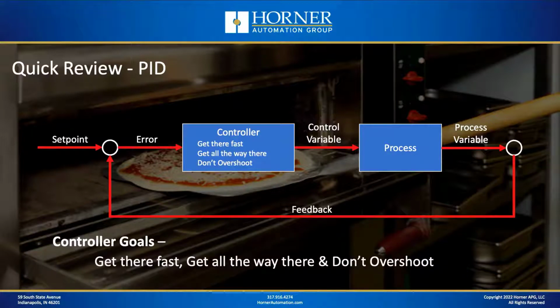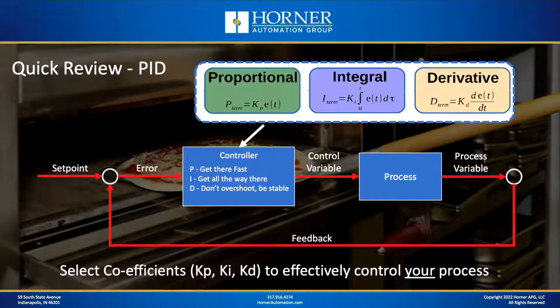Okay, now there are several goals for a controller when you're talking about PID control or process control in general. You want to get to the set point fast, you want to get all the way to the set point, and you don't want to overshoot too much. So those are all goals for the controller. Now luckily, we have proportional, integral, and derivative available to help us in that effort.